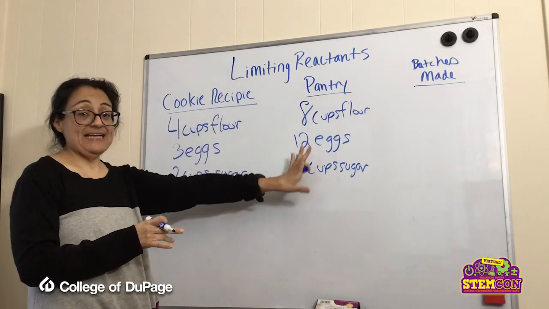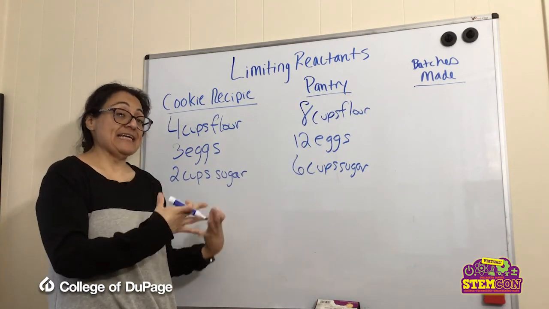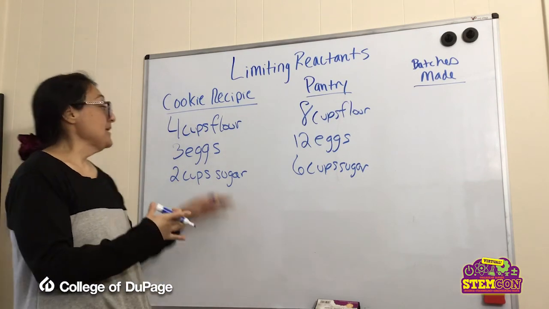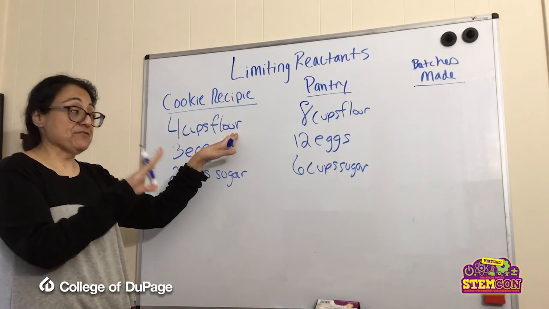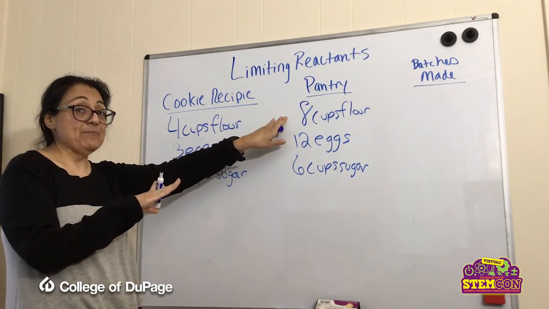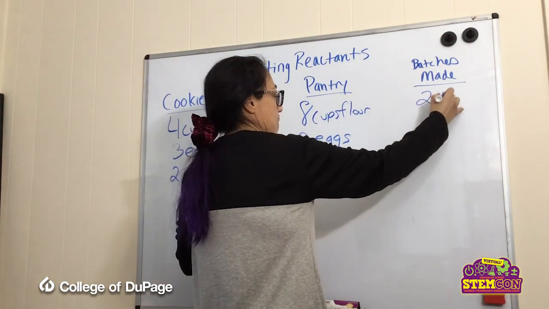This is what I'm going to need to make one batch of cookies. This is what I have on hand, and I want to figure out how many batches of cookies I can actually make. Being that I need 4 cups of flour to make one batch of cookies, and I have 8 of them, that tells me that I can make 2 batches of cookies.